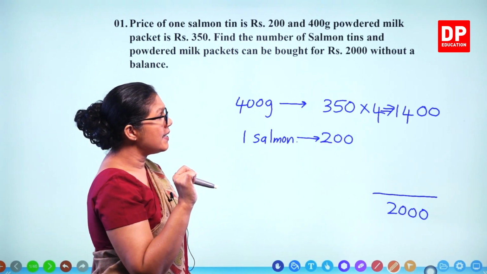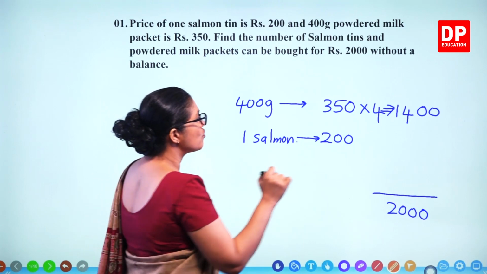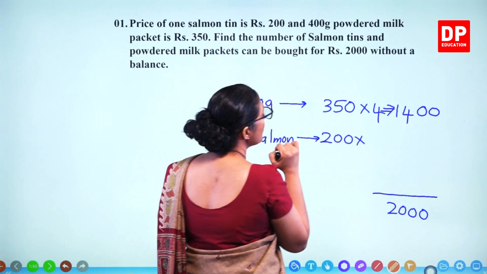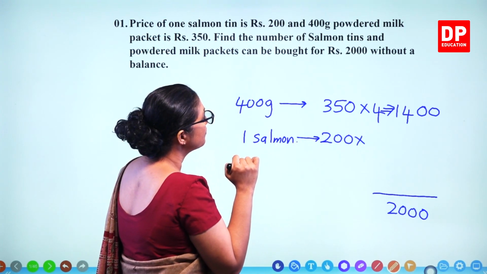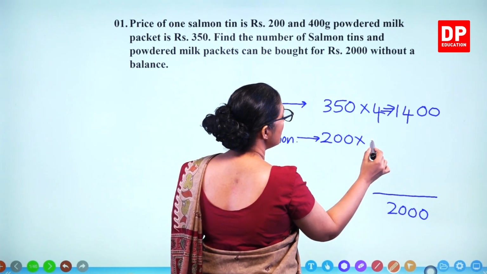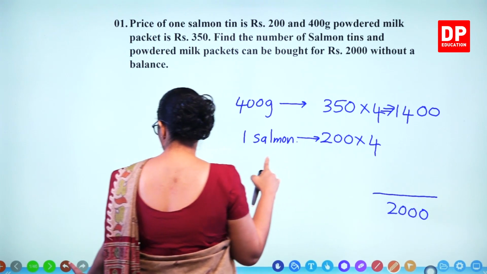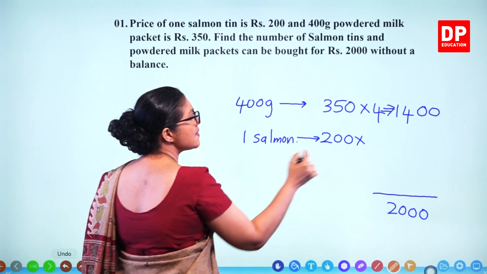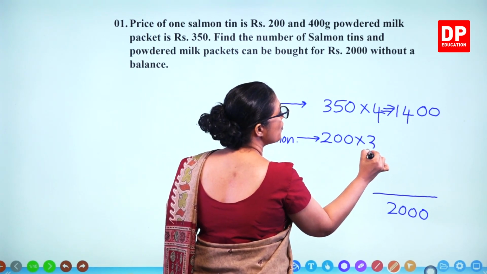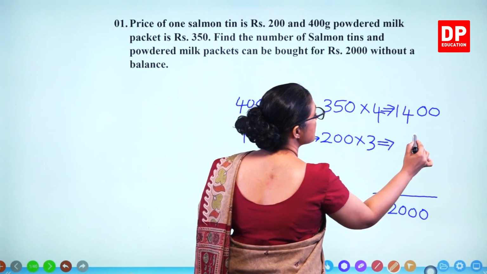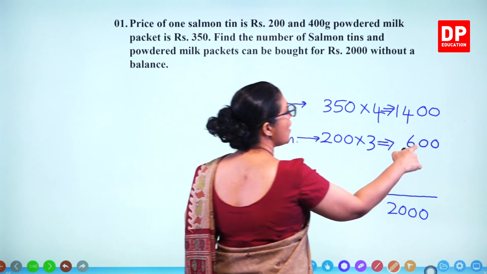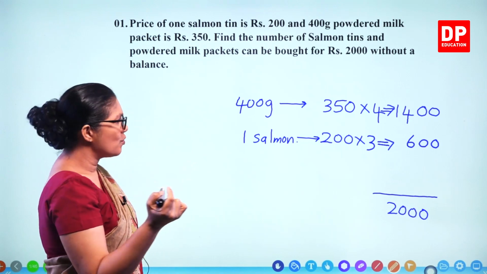So what's the remainder? 800 rupees. So that means you can buy another 4. So not 4, 3, because we need another 600 rupees. If you put 3 here, that's 600, 1000, 400 and 600 becomes 2000.